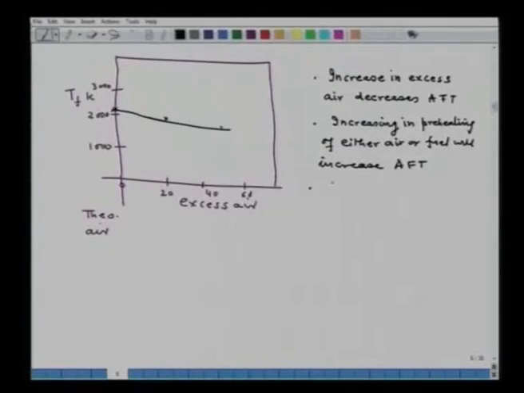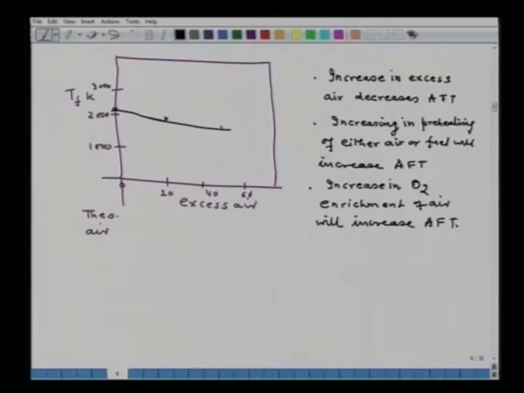So, the third thing I can write down: an increase in oxygen enrichment of air will increase AFT.